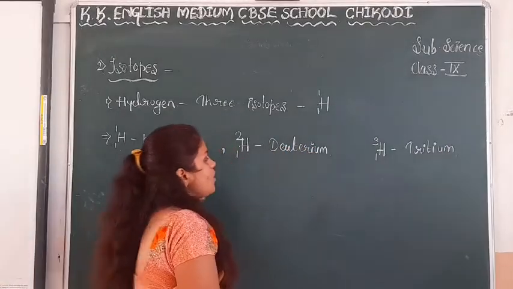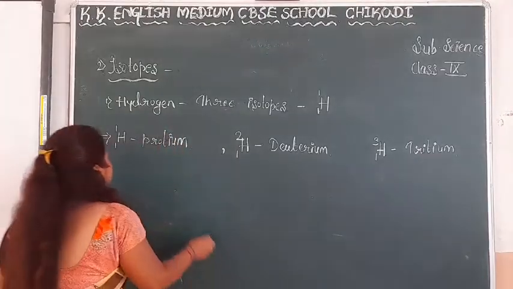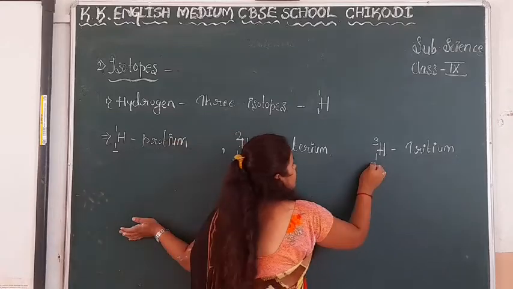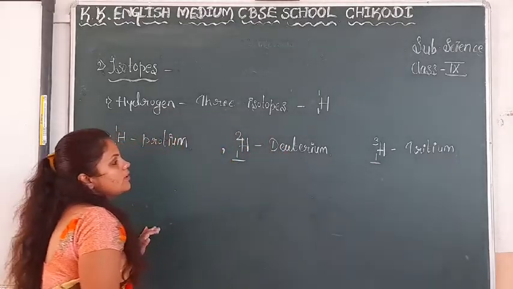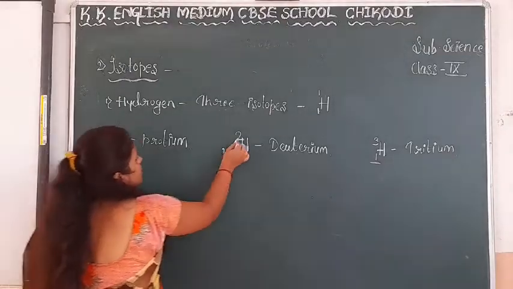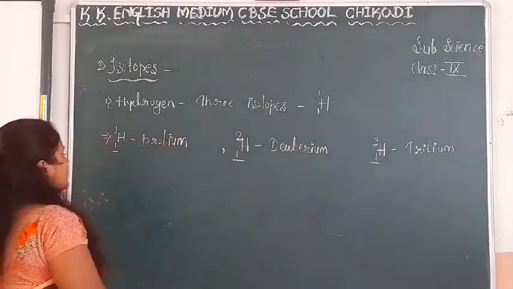Okay. So what can you observe within these 3 isotopes? You can observe here the atomic number is similar. It is 1. But what about the mass number? This mass number is different. It is 1, 2, 3.